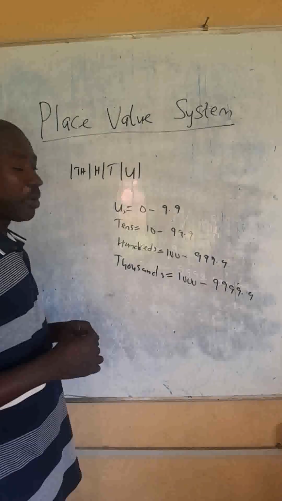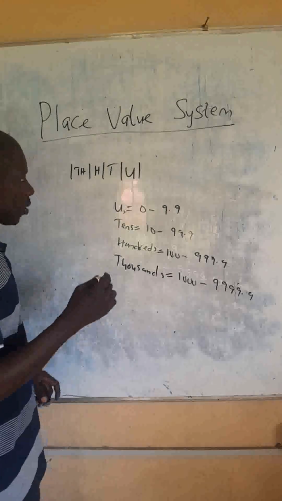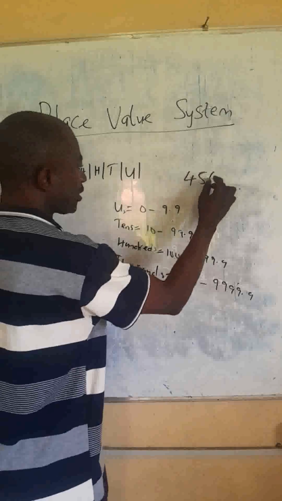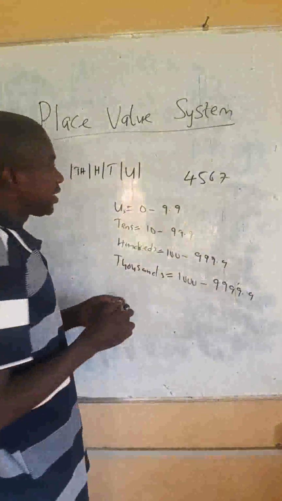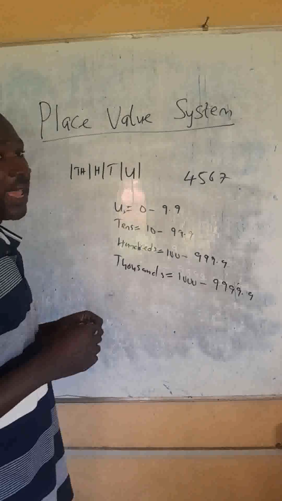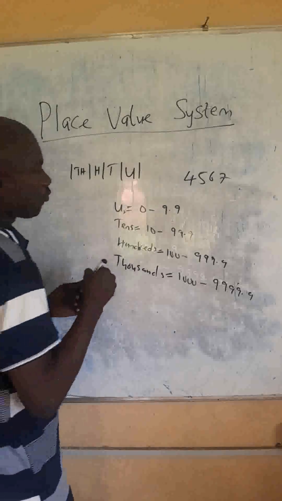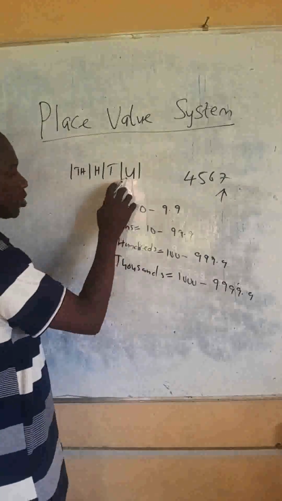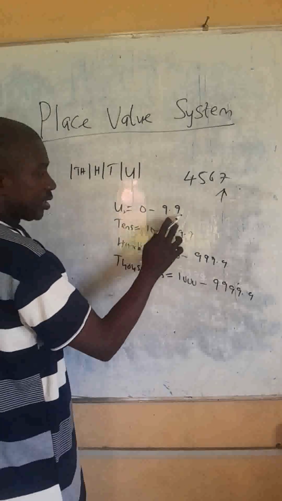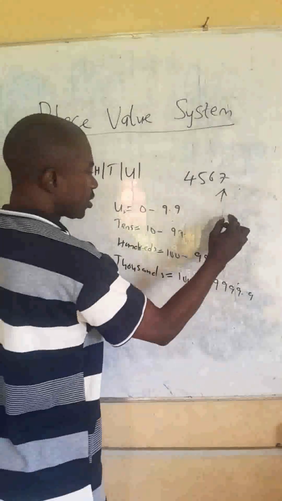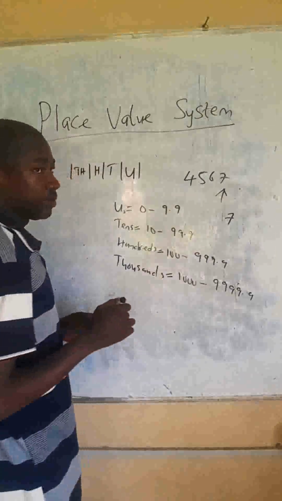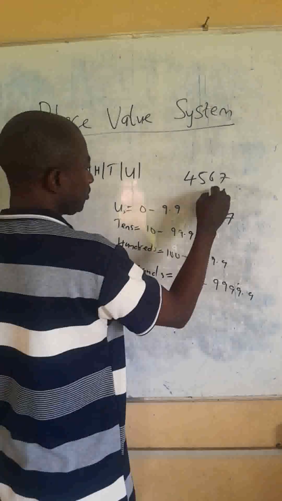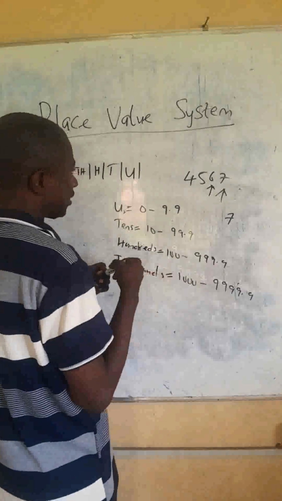So how are we going to place these numbers? Let's take the example 4, 5, 6, 7. Let's place them into their houses. Now, if we take the first one, which is 7, it falls within this range. So the value there is just 7. Now let's go to 6.